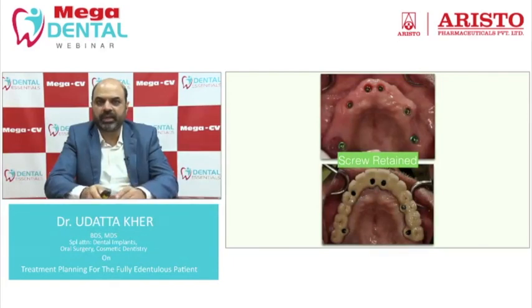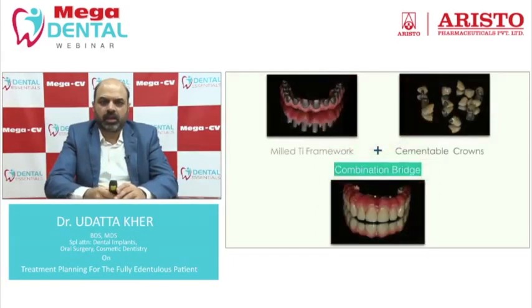There is a third design which has become popular in the last few years, which is a combination bridge, which takes the advantage of a screw retained restoration as well as the cementable option. So in this option, you have a framework which is typically made of titanium, which is milled.